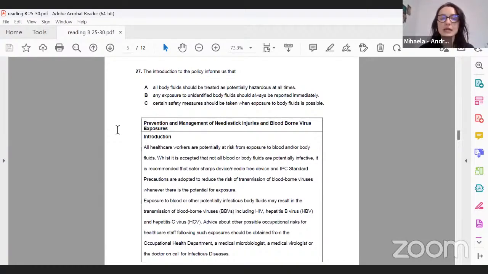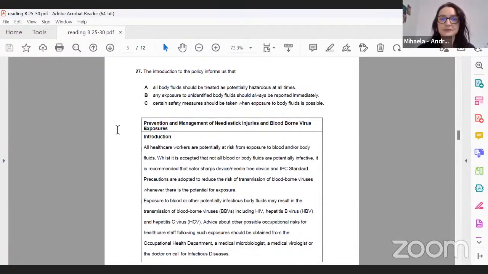So that seems okay. What about option B? Should be reported immediately. Is anything written about it being reported immediately?